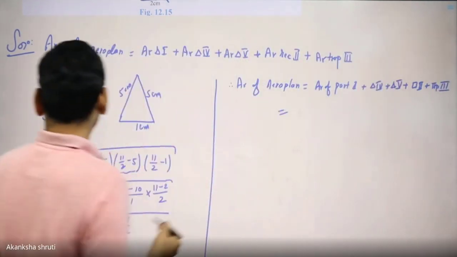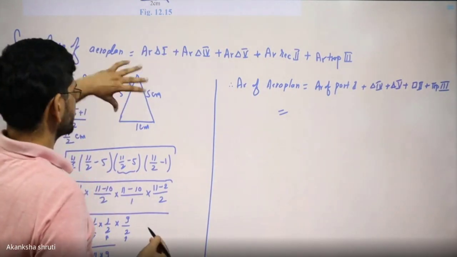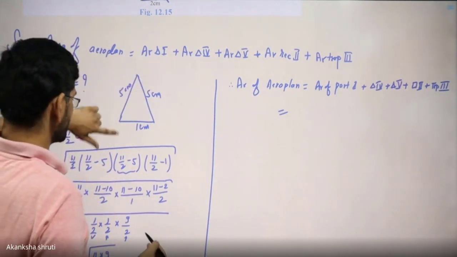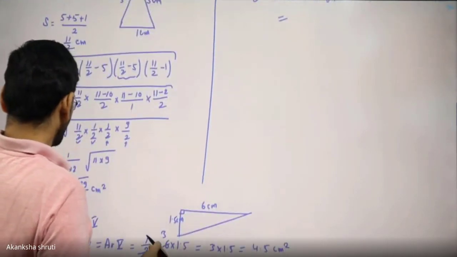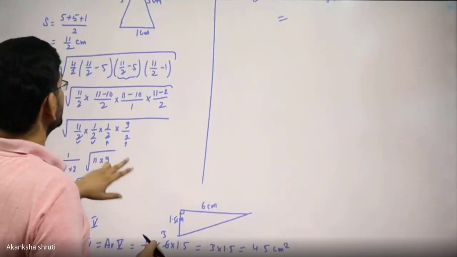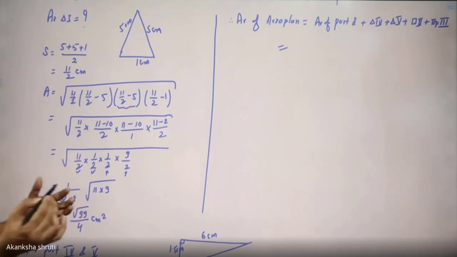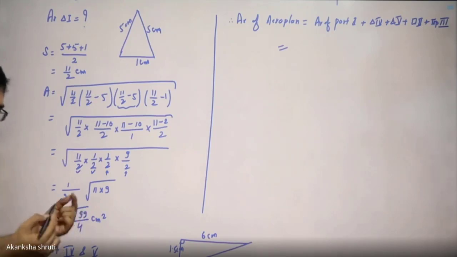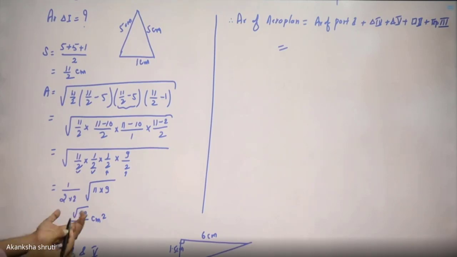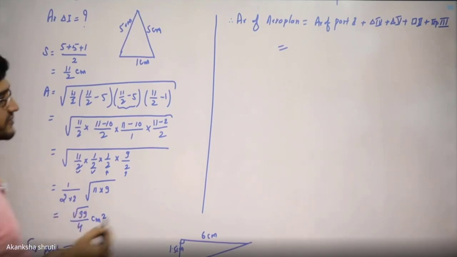Substitute. Area of part 1, which was the front part, we had calculated here, students. It was under root of 99 by 4. Approximate value you can take. 99 is quite closer to 100, so its value will be near to 10, though it will be exactly 9.99, something like that. But approximately we may take this as 10, or directly we may substitute this much value.